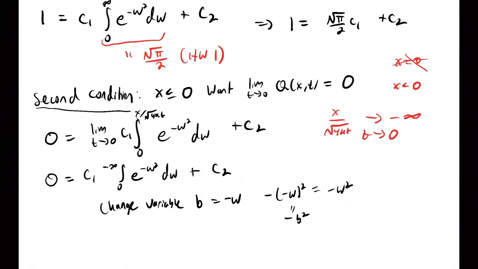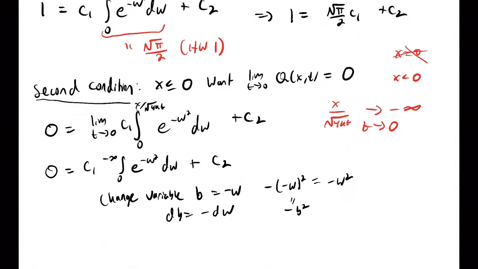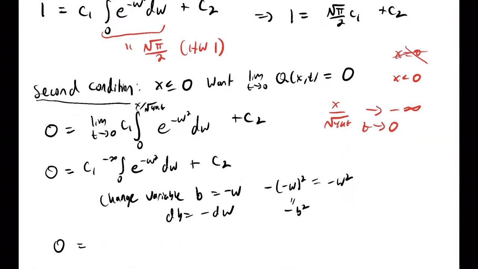If I do this change of variable, the integrand isn't going to change, but it's going to change my bounds. And db is equal to minus dw, so there's going to be a minus sign that shows up when I do the substitution. And so this gives me 0 is equal to minus c1 times the integral from 0 to infinity of e to the minus b squared db plus c2.